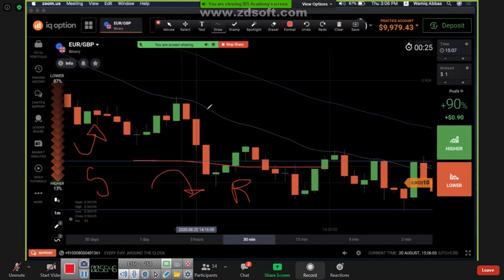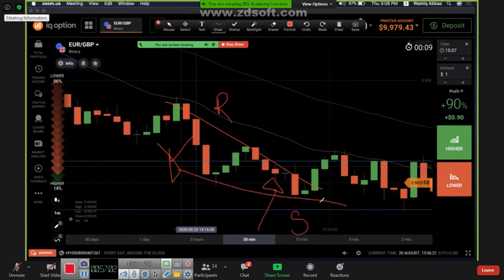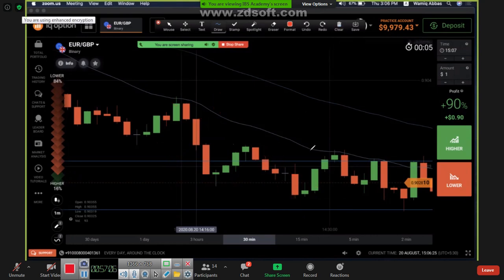If the price is below that, this line will act like resistance. If the price is above, this will act like support. For example, if you have this level over here, a trend line here, a dynamic SNR here, and this one too, then a short will be formed here.